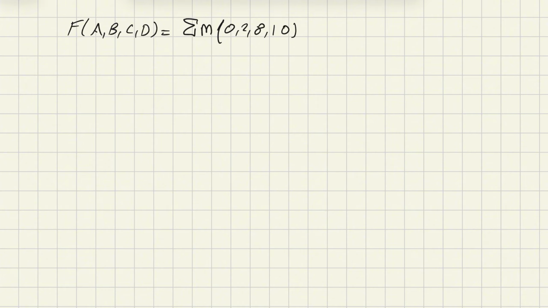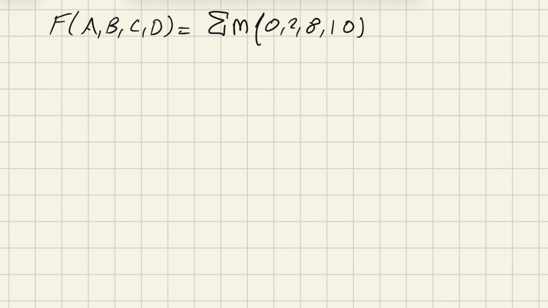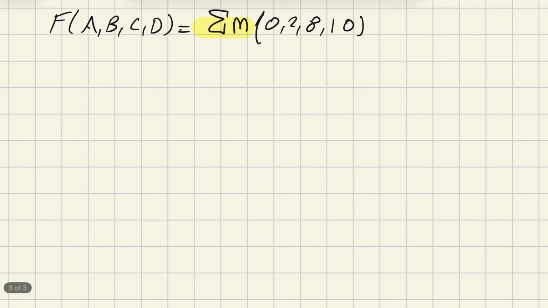Moving forward, we can consider another K-map. This time, it's going to be a 4 variable K-map. It's made out of the variables A, B, C, and D, and is given by the notation sigma m, which essentially means the sum of minterms 0, 2, 8, and 10. As we previously saw, these values of minterms are logic 1s in our K-map.